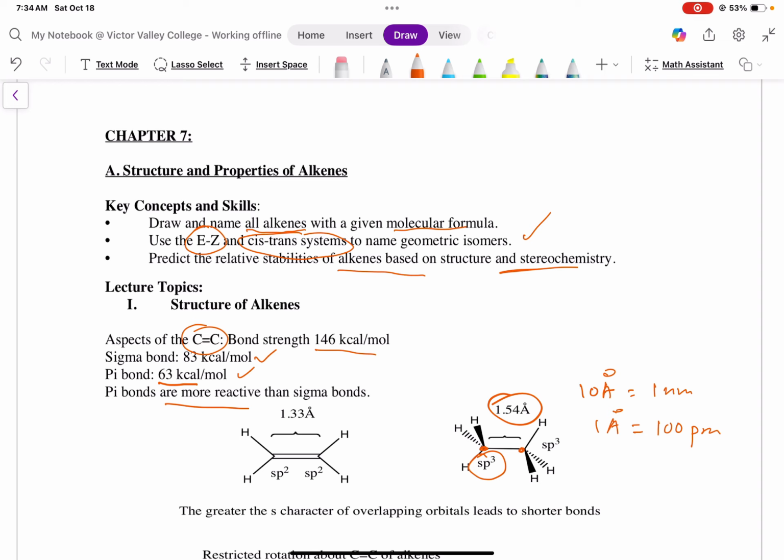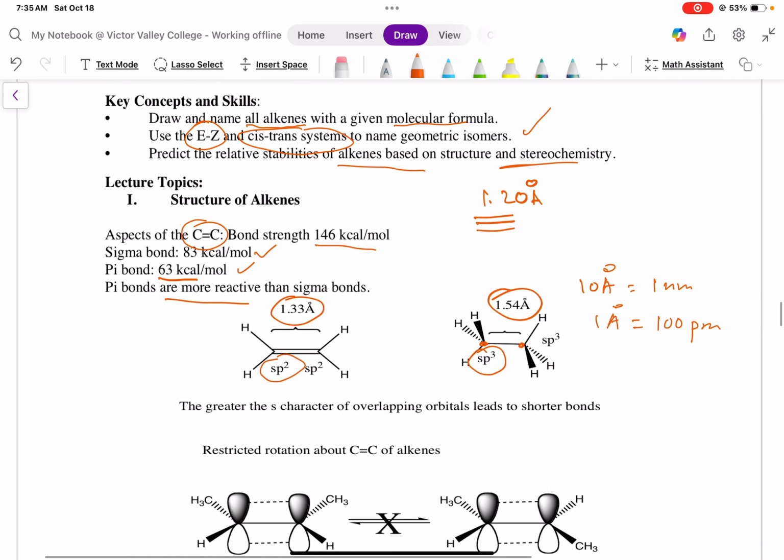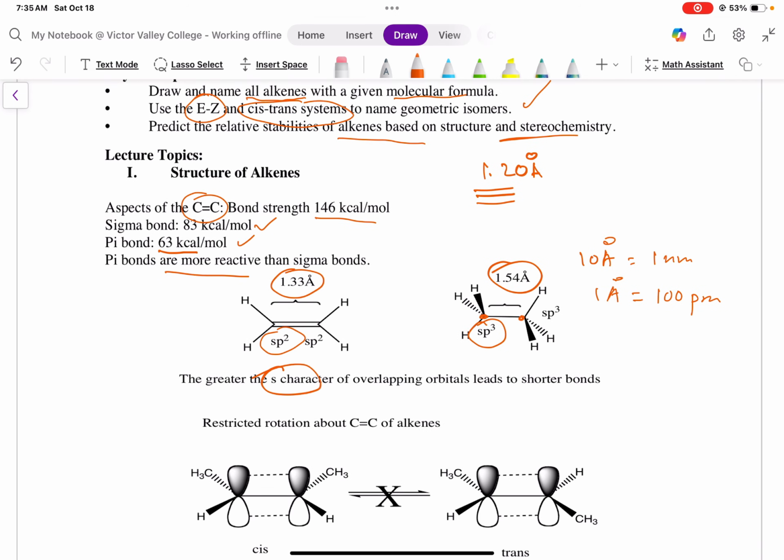Now compare with sp2, that's a shorter bond, shorter orbital. So the double bond is shorter, about 1.33. Of course, next time we'll look at the triple bond, which would be 1.2 angstrom, just to compare. That's because the s orbital character makes the orbital shorter, therefore the bond is shorter.